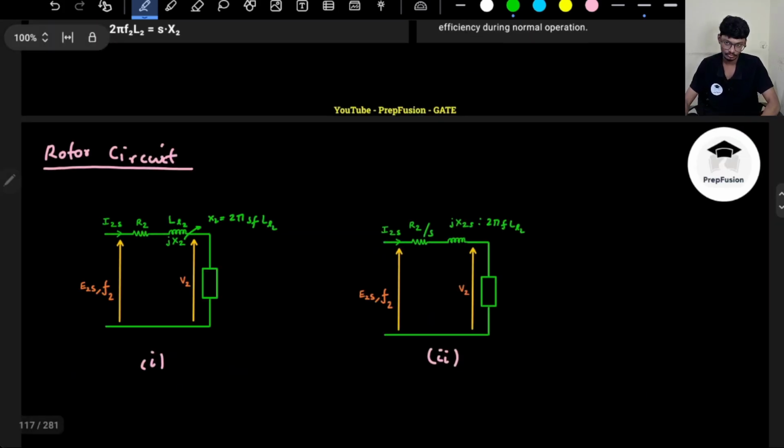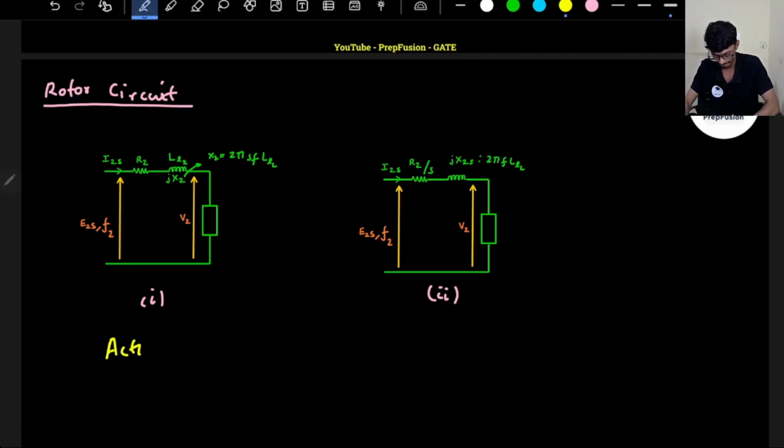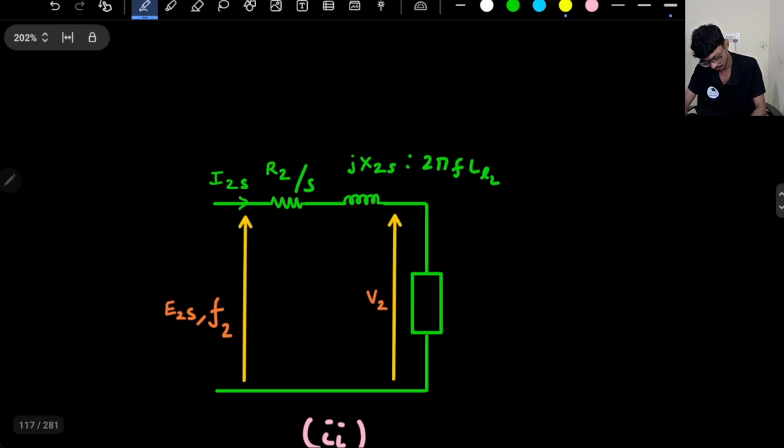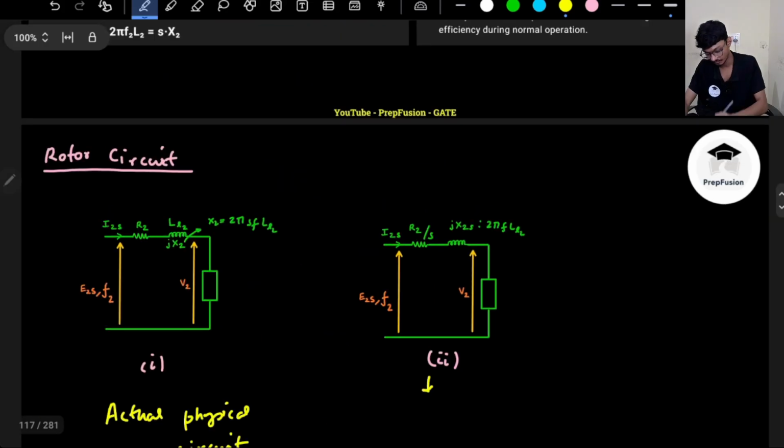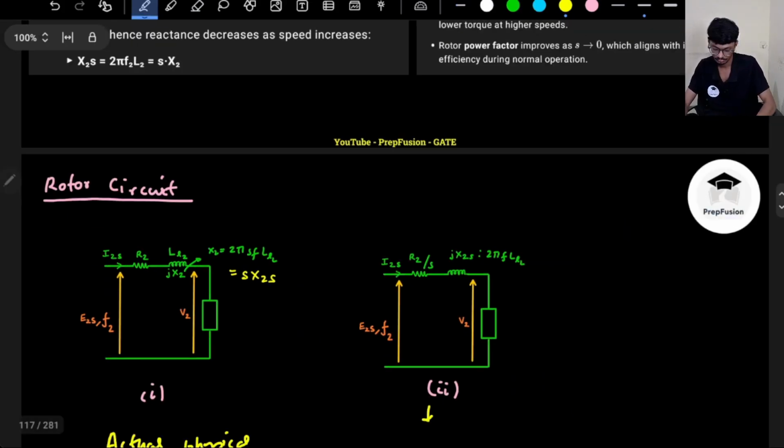So basically, this is the actual physical circuit, right? Actually what is present in the rotor, the actual physical circuit. And this is some equivalent circuit that I am writing, okay? What is this equal to? This is simply equal to S into x2S, okay?